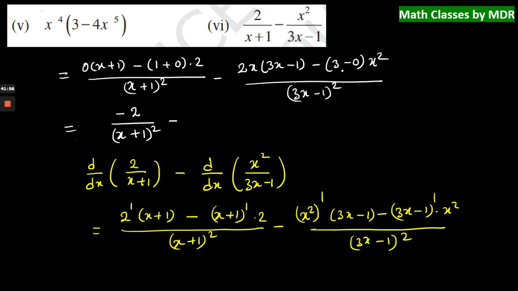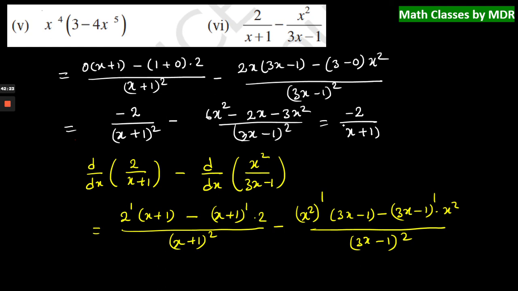Let me write one more step: (6x square minus 2x minus 3x square) by (3x minus 1) whole square, which is equal to minus 2 by (x plus 1) whole square minus (3x square minus 2x) by (3x minus 1) whole square. This is our answer.